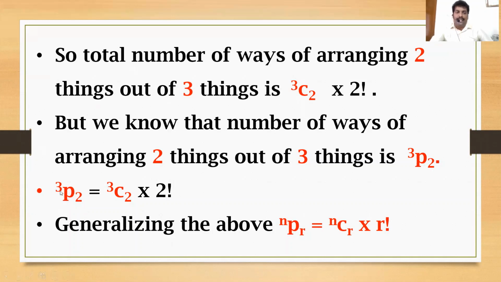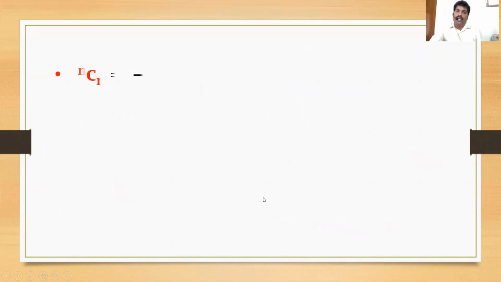That is the generalization. In this example we took only three things; out of n things, taking two things means nP2, and taking r things means nPr. So nPr is equal to nCr into r factorial. From this, we can write the nCr formula as nPr by r factorial, that is, nPr divided by r factorial.